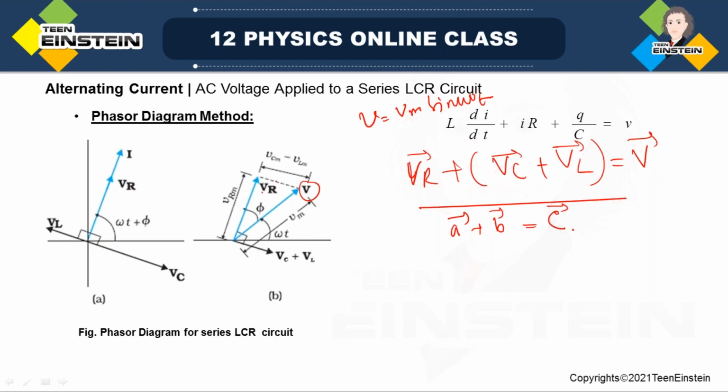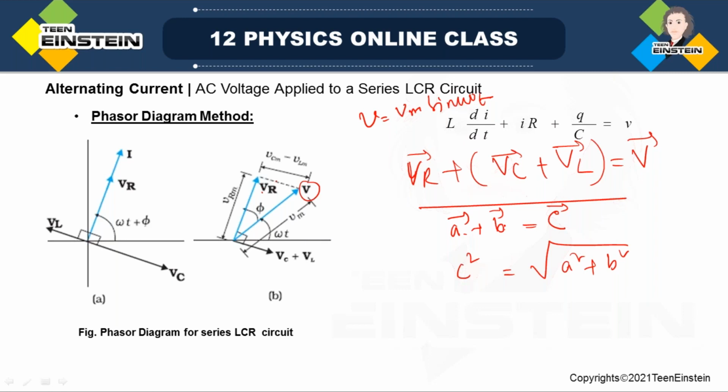If they are perpendicular to each other, you write C equals under root A square plus B square. If A and B are perpendicular to each other, then we can write it like that.